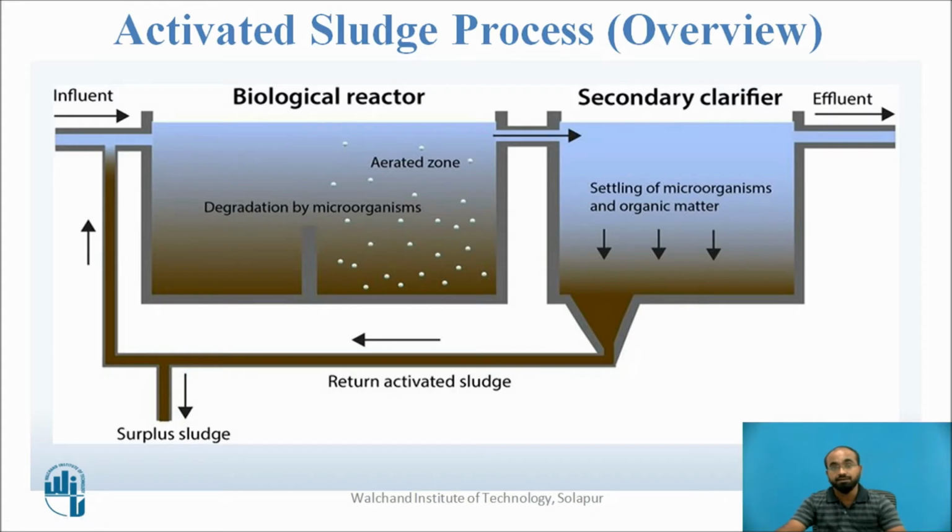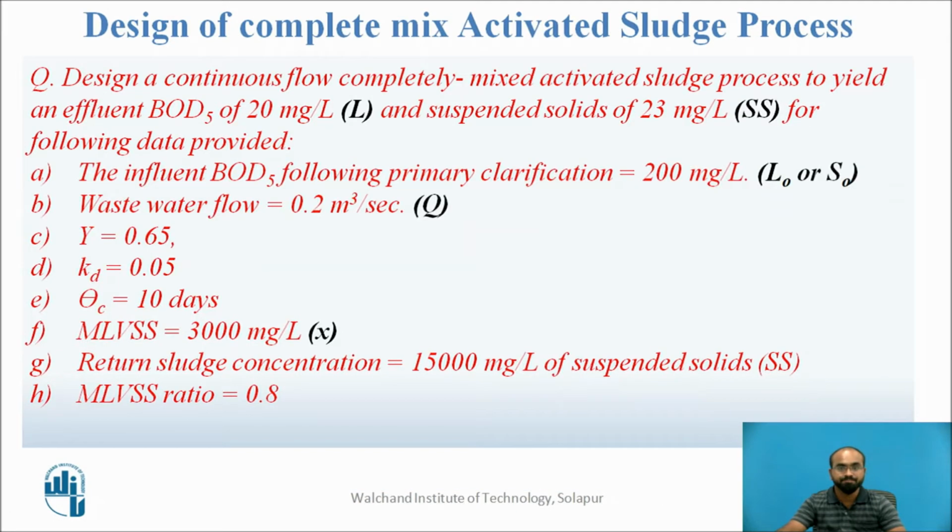How much quantity of activated sludge we have to send back to the reactor, and how much of the remaining sludge we have to take down, that we also have to find out. And then what will be the quality of the supernatant, and what is the desired quantity of supernatant up to which we have to design all these two reactors, that we are going to look into in this design.